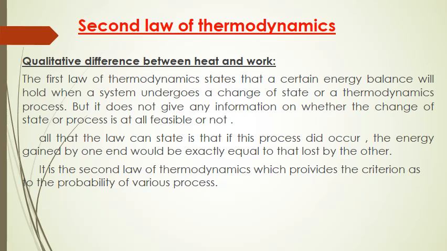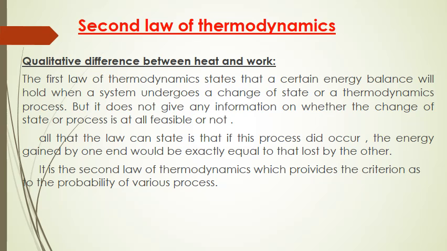It is the second law of thermodynamics which provides the criteria as to the probability of various processes, which means that the first law will not talk about whether the process is possible or not. It puts a directional limit on the first law of thermodynamics. It doesn't talk about the direction of the process.